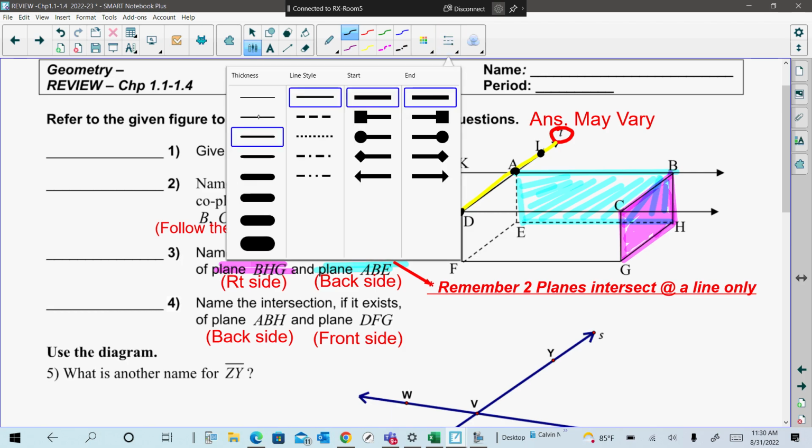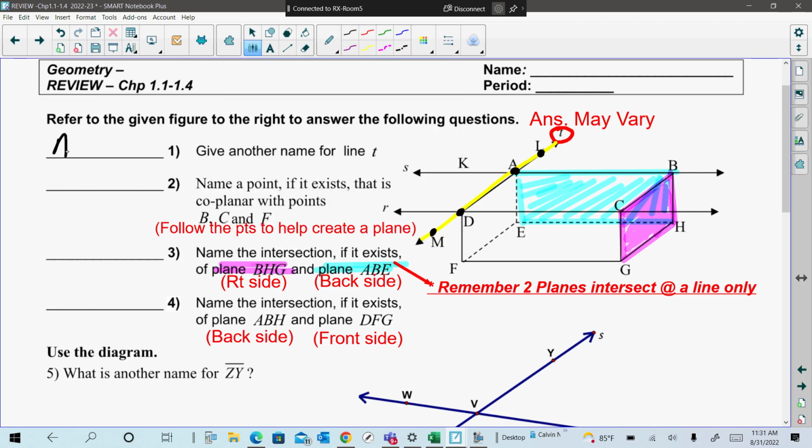So I could say AL, with the double arrows. This can vary because there are different combinations. You can say AL, you can say AD, order does not matter. You could say MA or MD, but you have to have 2 points off that line to name it. AM, yes. DL, yes. Okay.